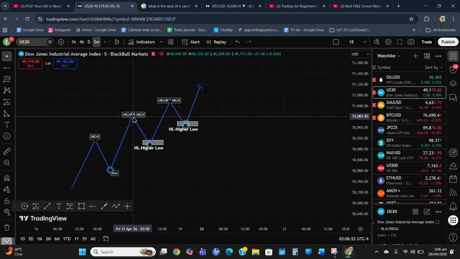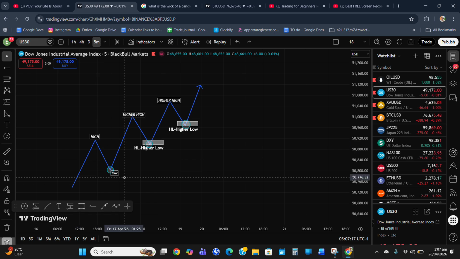Why is this a higher high? Because this high here is higher than this high. This high is higher than this high. So we call it a higher high, right? That makes sense?